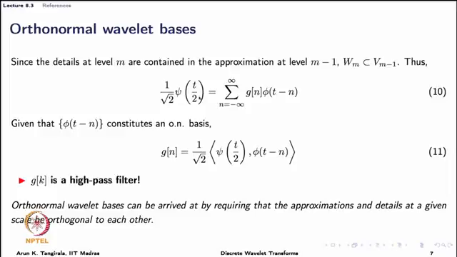The basis functions for W1 are psi of t by 2 and its translates, and the basis functions for V naught as usual are phi of t and its translates. So, I pick one of the basis functions for W1 which is psi of t by 2, in fact 1 over root 2 psi of t by 2, and express that as a linear combination of the basis functions for V naught which is phi of t and phi of t minus n, its translates.